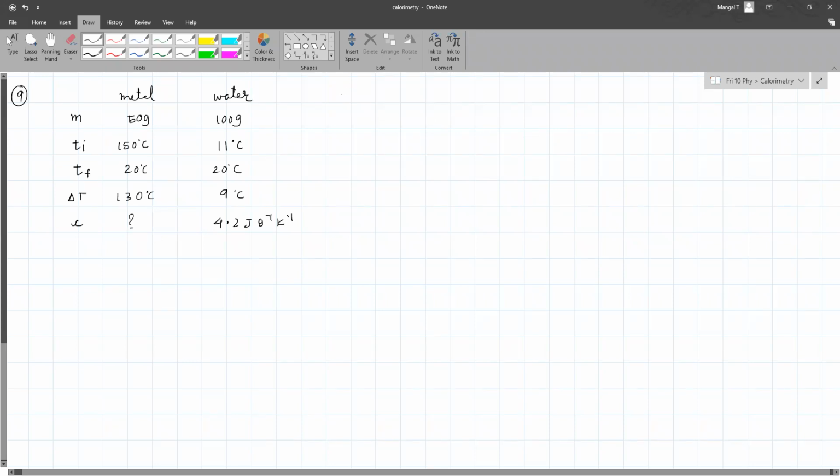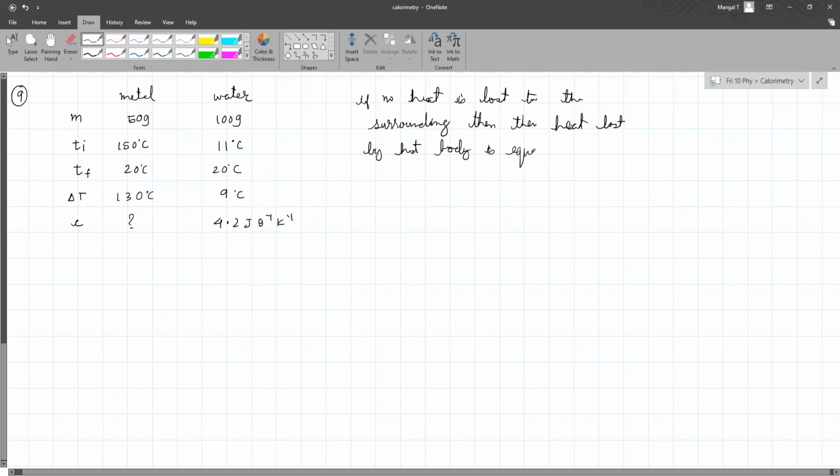Now by the principle of mixtures, if no heat is lost to the surrounding, then the heat lost by hot body is equal to heat gained by cold body.